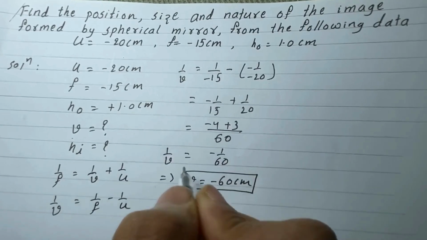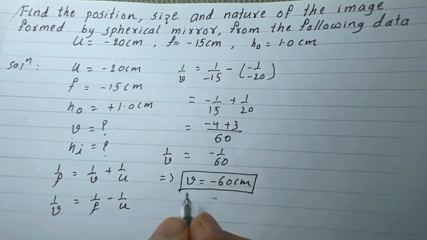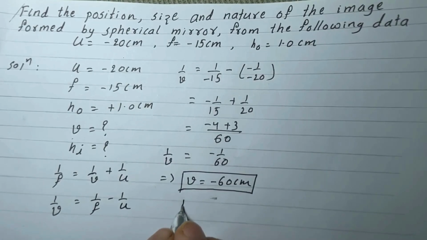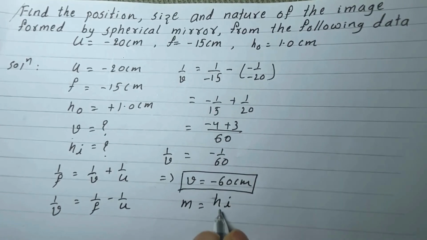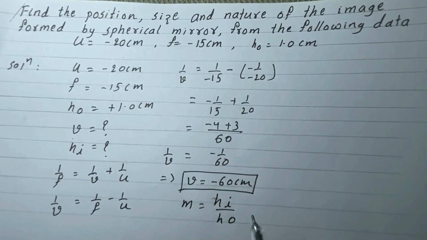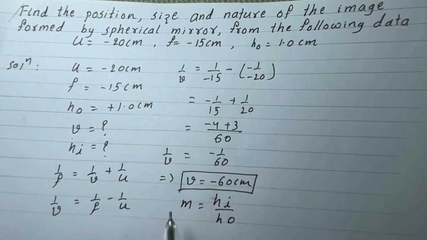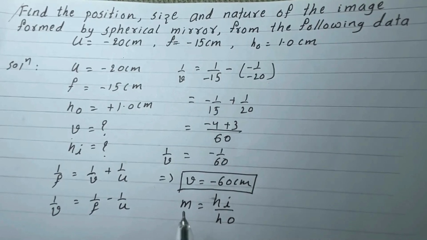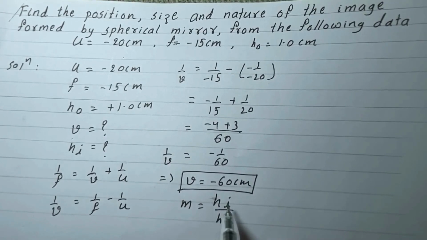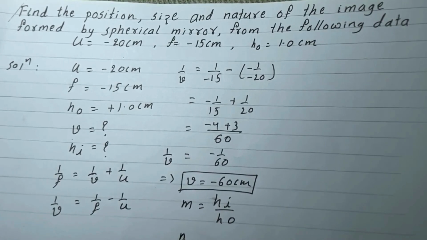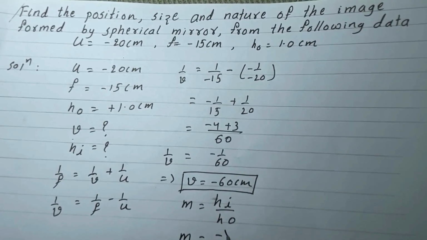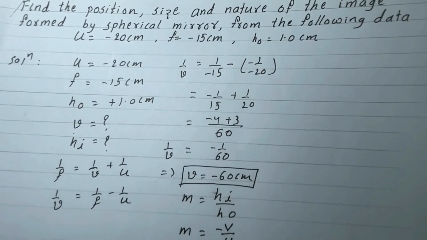And now we have to find out the size. Size we can find by using the formula m is equal to, magnification is equal to height of image by height of object. Here, if we use this equation, then we do not know two quantities, that is magnification and height of image. So, better we use another formula, that is magnification is equal to minus image distance by object distance.